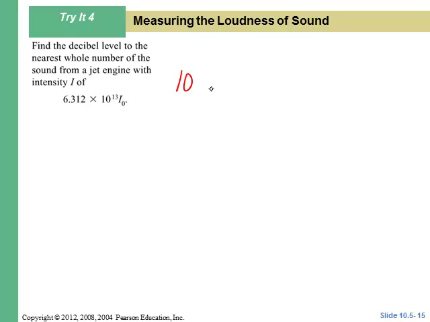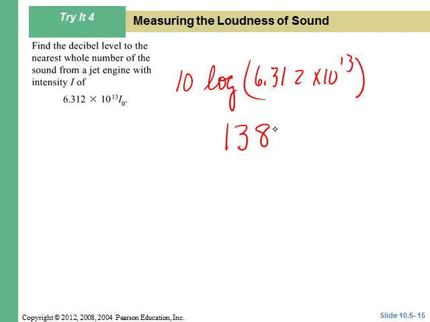So it'd be 10 log 6.312 times 10 to the 13th. So we would press 10 log of 6.312. We can use the EE key, E to the 13th, and we get 138 decibels.